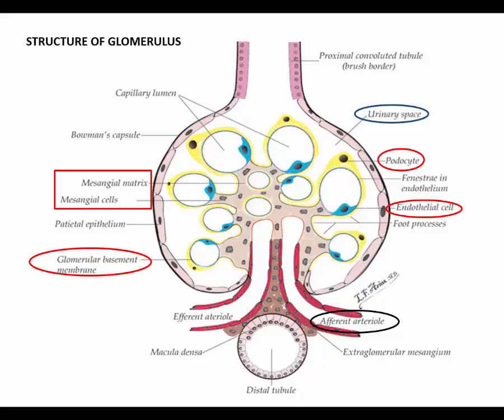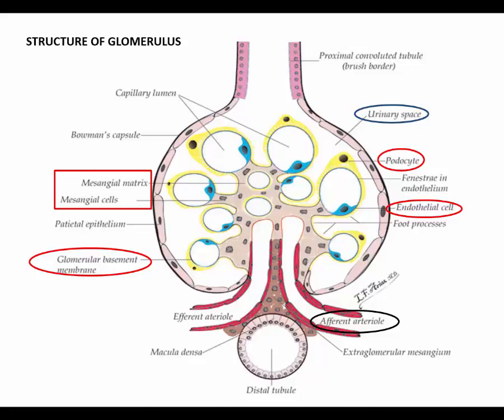We will be using these words a lot, so I'm just trying to clarify, and I'll point out as we go along in our presentation. So we talked about the afferent arteriole, these capillary loops, the endothelial cell here, the basement membrane right here, the podocyte, which is your visceral epithelial cell, the parietal epithelium being on the outside.